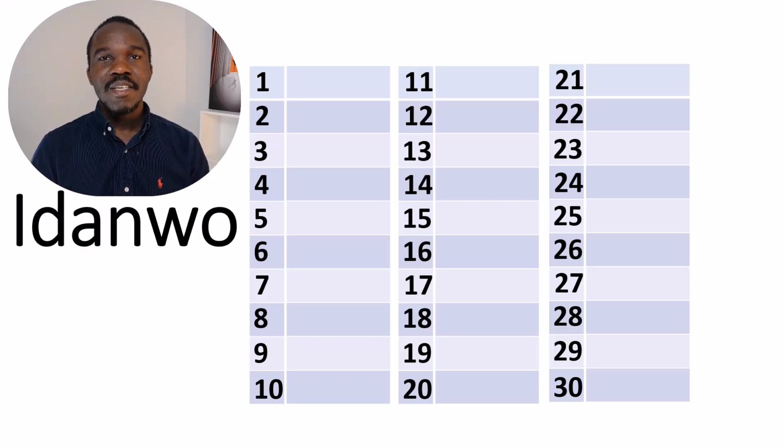Number one says C. Two says A. Three says G. Four says E, vowel E. Five says Li.